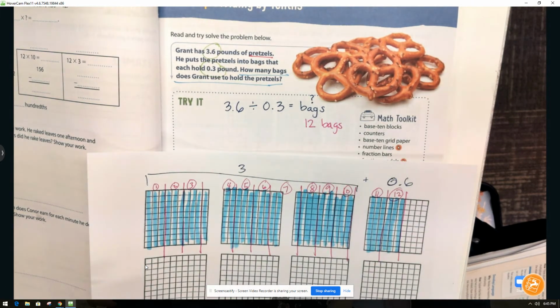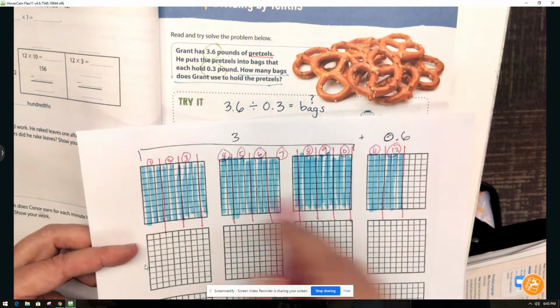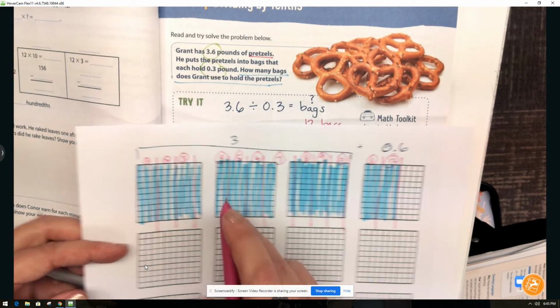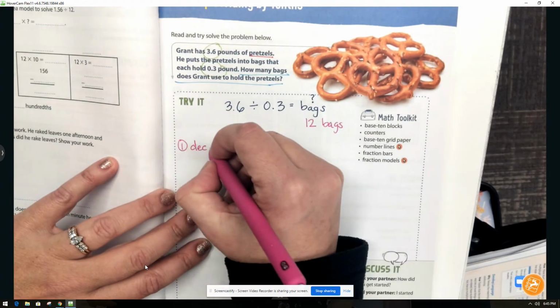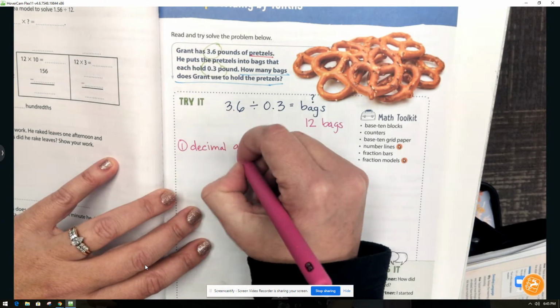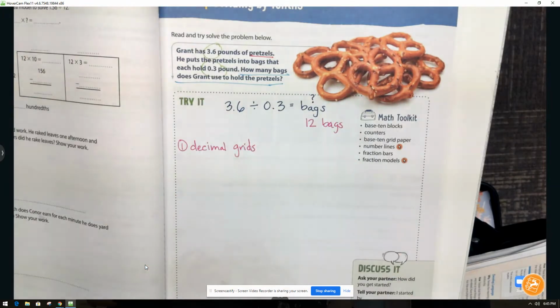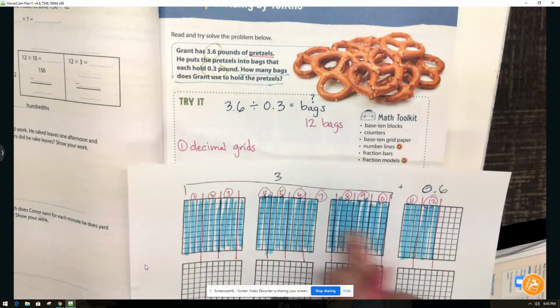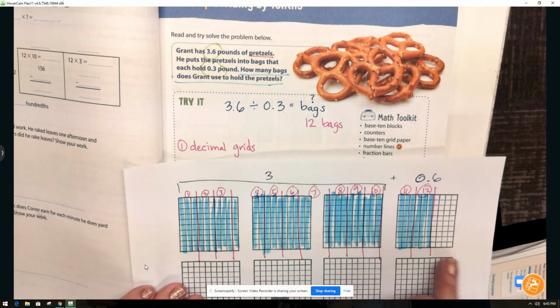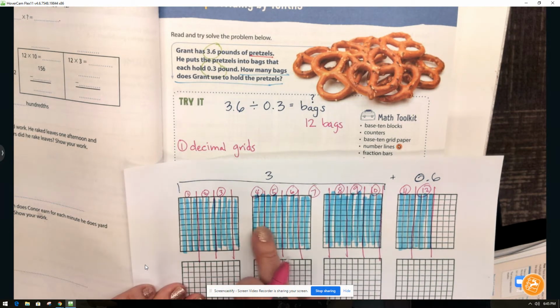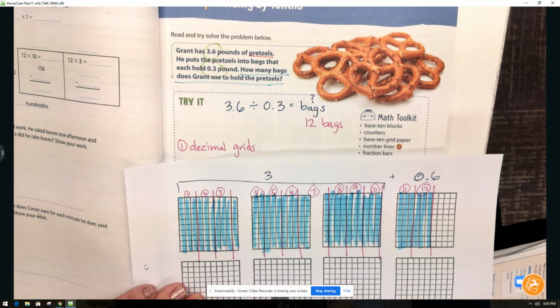Now, there's another way that I could have done that if I didn't want to use my decimal grids. So the first method that I used here is decimal grids. I colored in all of my tenths, and then I counted up groups of 3/10, and then I counted how many groups I had.